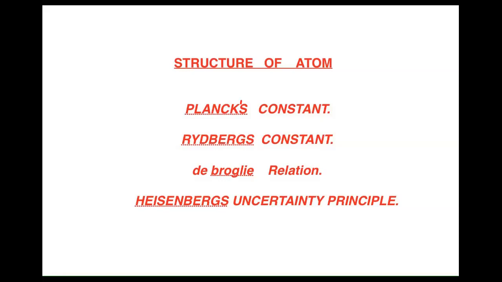It is used for describing the behavior of particles and waves at an atomic scale. It is used in the formulas for finding out energy, velocity, radius, in Heisenberg's uncertainty principle, in de Broglie's relationship. So Planck's constant is a very important concept that is used in both physics and chemistry when you are studying the atomic structure. So now let us see what is this Planck's constant.